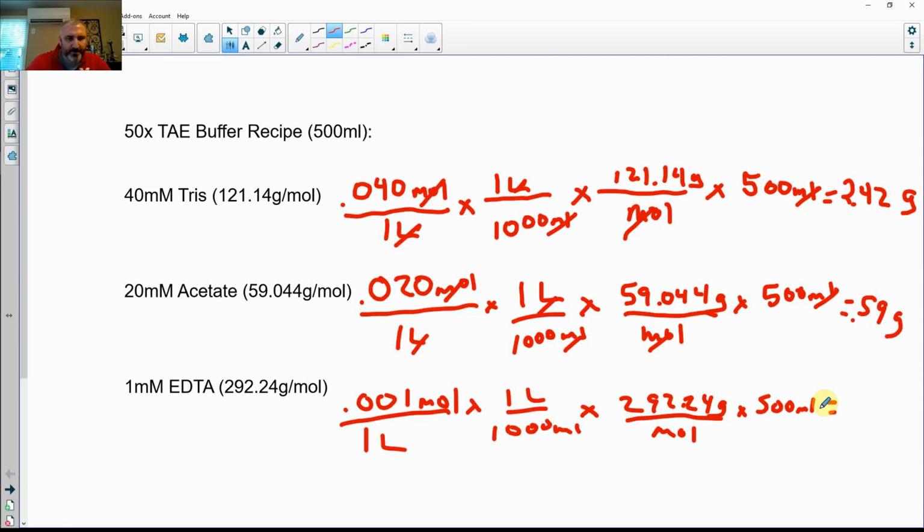It's going to be 0.146. It's actually 0.14612, but I can't fit that. 0.146 grams of EDTA.